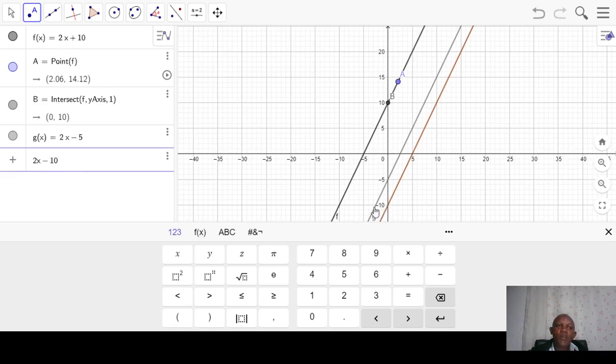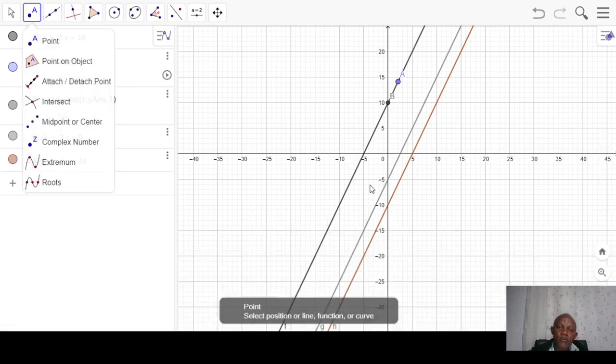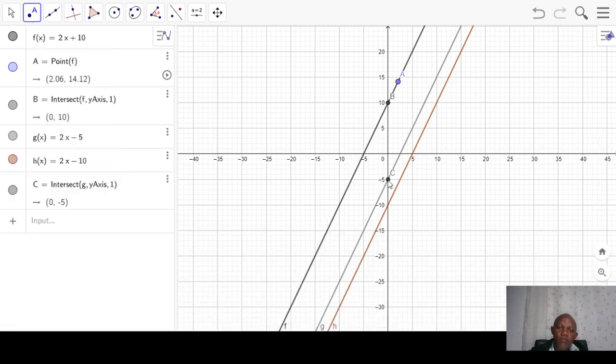If you have an equation of a straight line, say y equals 2x plus 10, then 10 becomes the y-intercept. If you have another equation, 2x minus 5, then -5 becomes the y-intercept. And if you have another one, 2x minus 10, then -10 becomes the y-intercept.